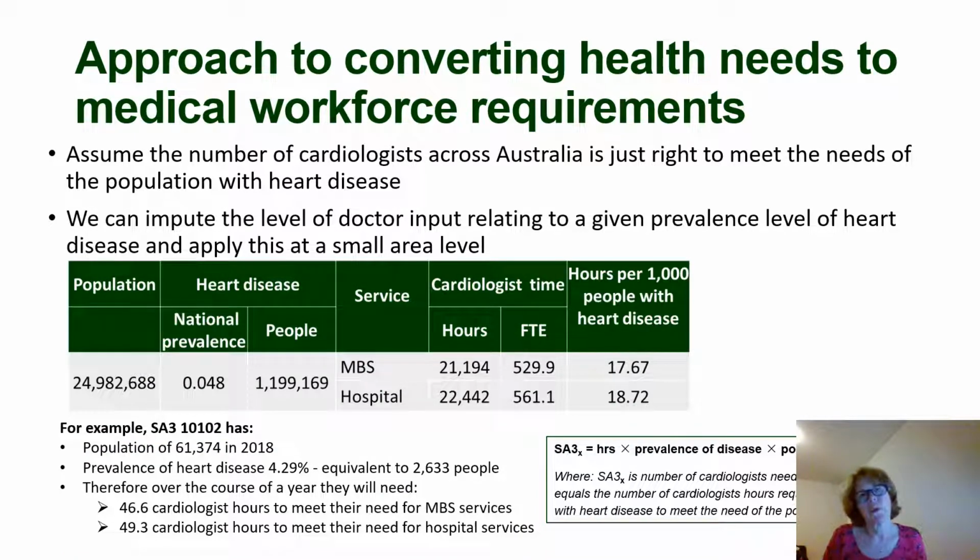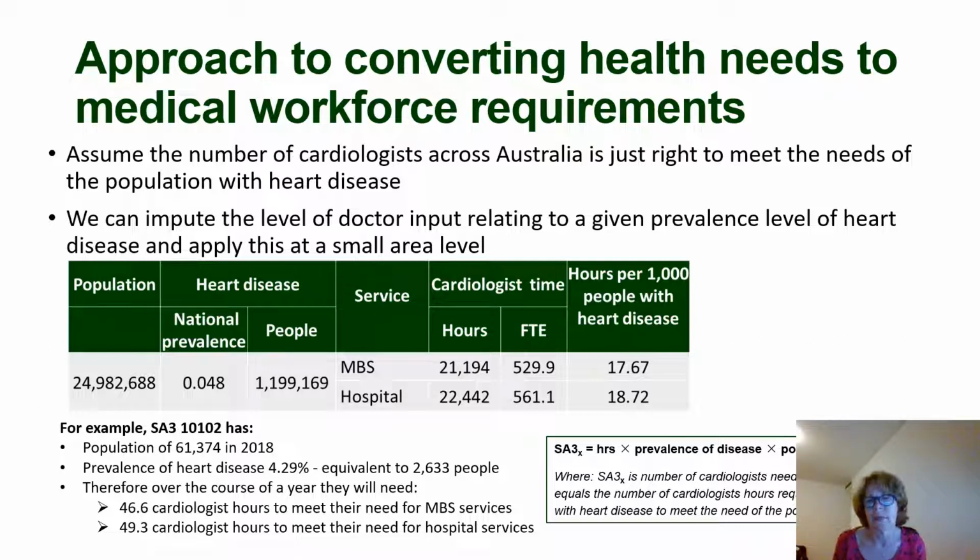So how would we go about converting some estimate of health need into medical workforce requirements? This is an example of applying the approach shown in the previous slide to the specialty of cardiology. And we start by assuming that the number of cardiologists across Australia is about right to meet the needs of the population with heart disease at the current time.